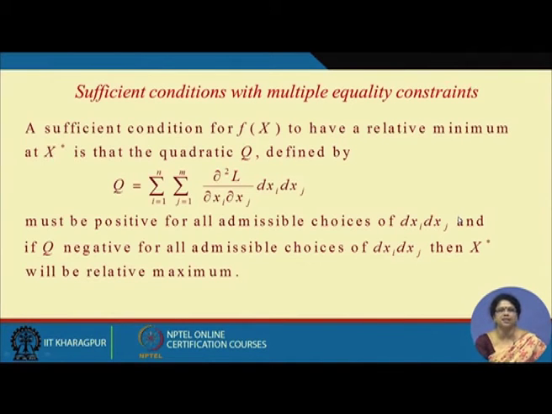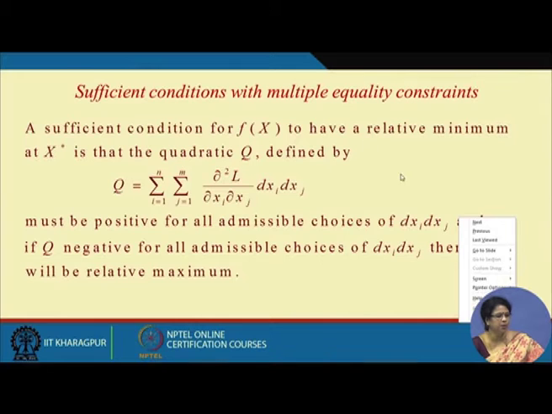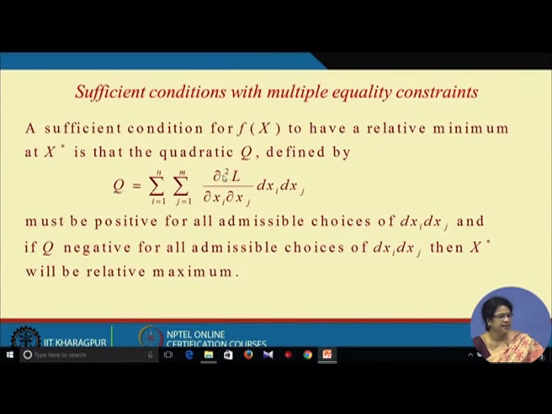Now if I ask what the sufficient condition is, it again comes from the Hessian matrix of L. If I write the Hessian matrix, it can be written in a quadratic form Q very nicely like this: the summation of del 2L by del xi del xj times dxi dxj, with i running from 1 to n and j from 1 to m.